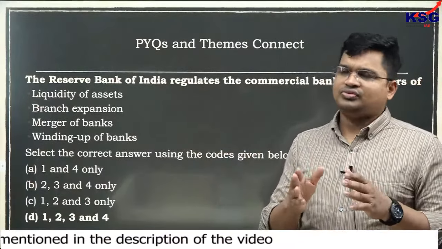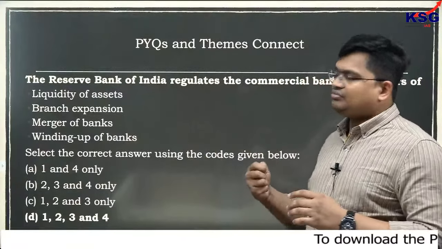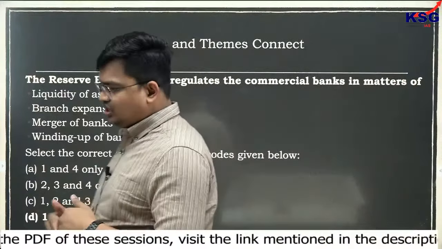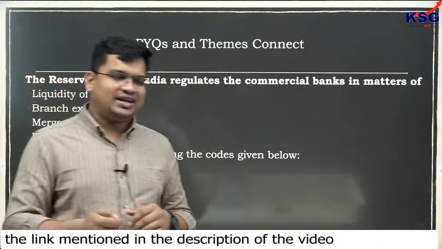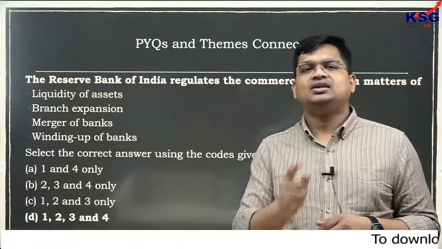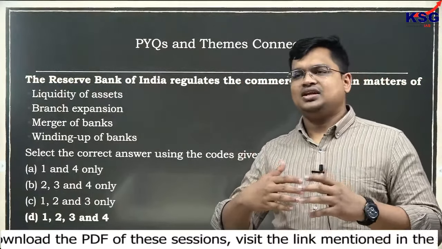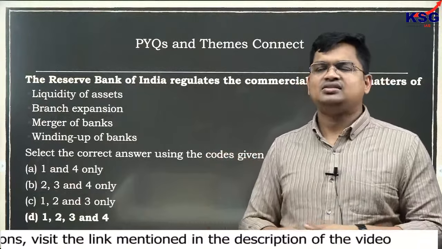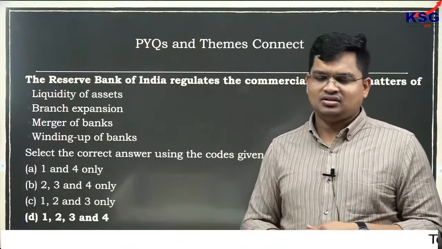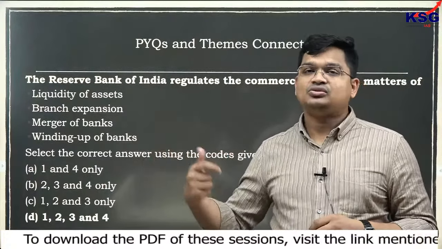After the liberalization phase, if a particular bank wants to open a branch, there is no need to take the permission of the RBI, which was required before 1991. After liberalization, when the Narasimham Committee gave recommendations related to banking reform, the RBI came with certain reforms, and under that there is no need to take permission to open a branch.